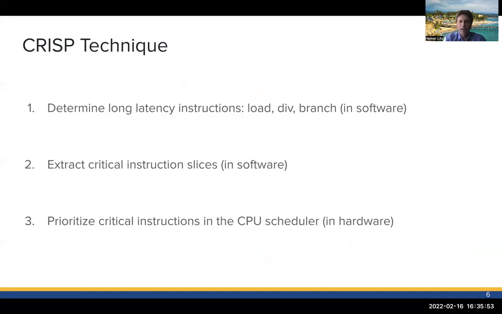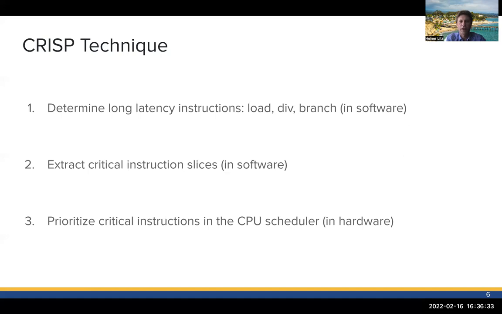So this is the CRISP technique that we are proposing. In the first step, we will determine long latency instructions. Most often these are loads, but we can handle other instructions such as division as well. And we'll also later show that our technique can be applied to hard to predict branches as well. These long latency instructions are purely determined in software via PMU counters. We then extract critical instruction slices of these long latency instructions because prioritizing a load is not sufficient.